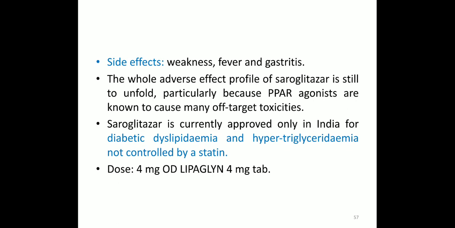So PPAR alpha and gamma agonists we have to study further for side effects. Saroglitazar is currently approved only in India for diabetic dyslipidemia, where the patient has diabetes plus dyslipidemia and hypertriglyceridemia not controlled by statin, which is Lipaglyn. Now we will discuss further hypolipidemic drugs in the second part of our lecture.